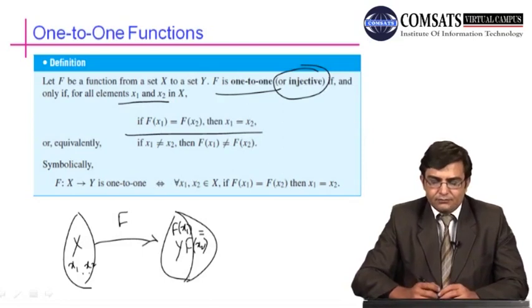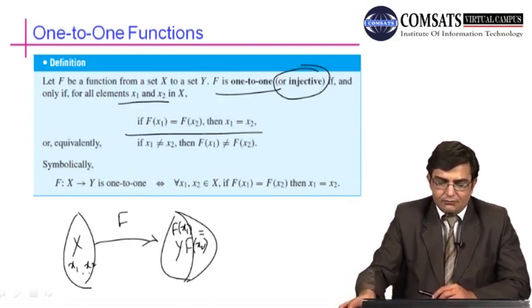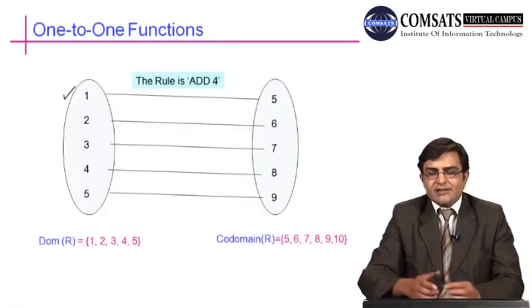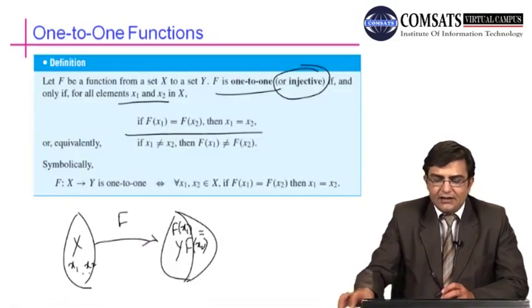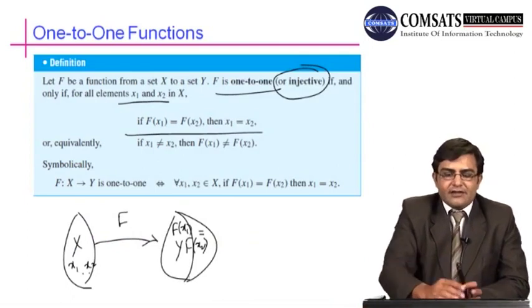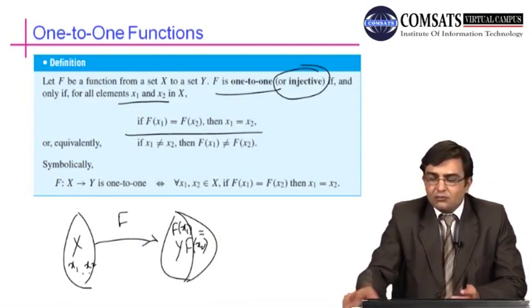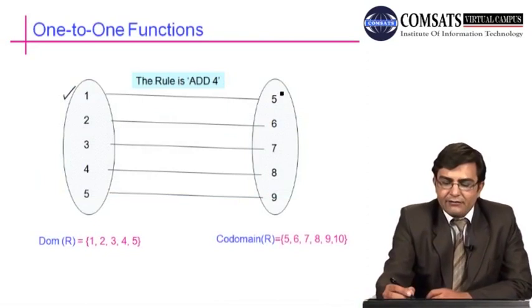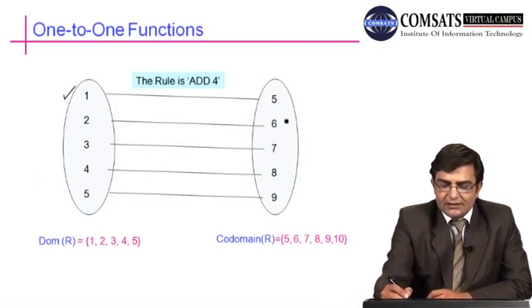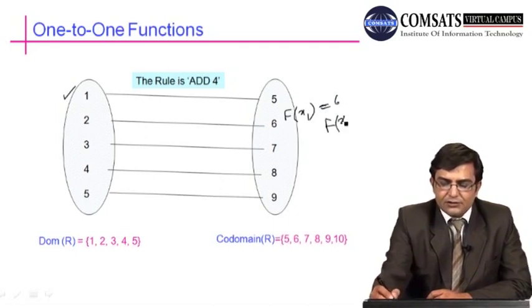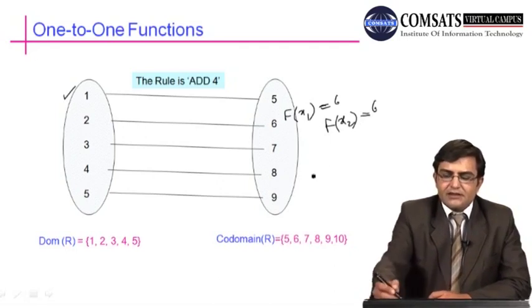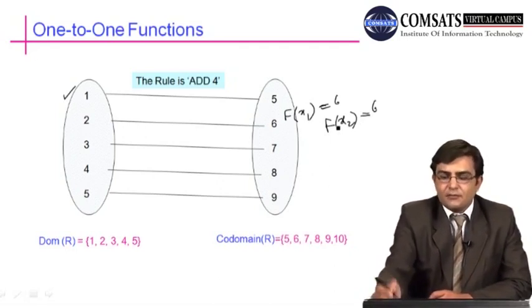What does it mean and how can we interpret this definition? For example, if the images f of x1 and f of x2 are equal, what does it mean? Say f of x1 is 6 and f of x2 is also 6. They are equal.